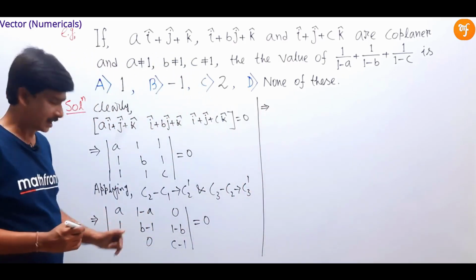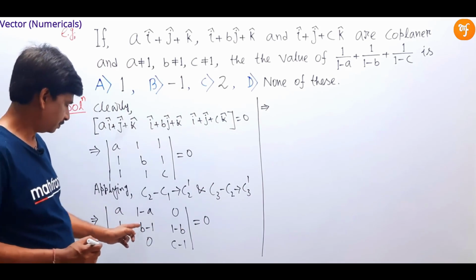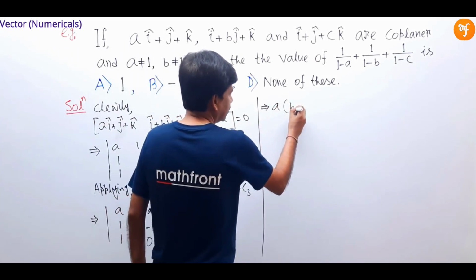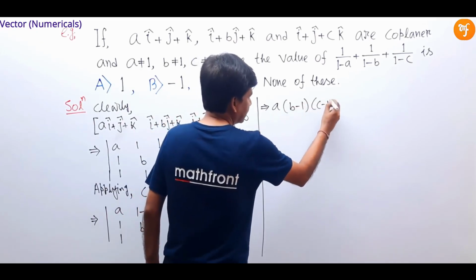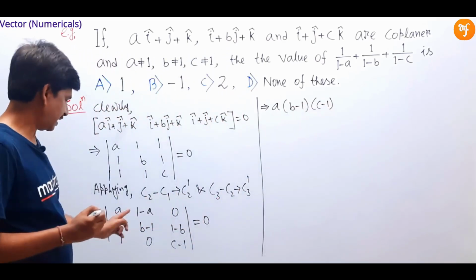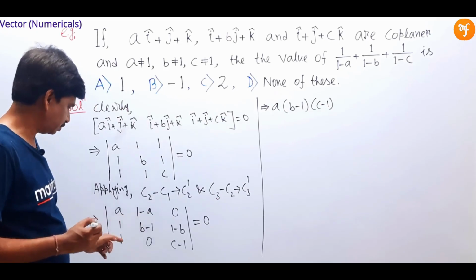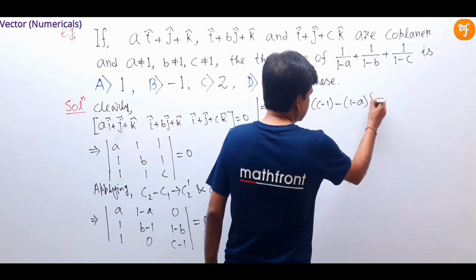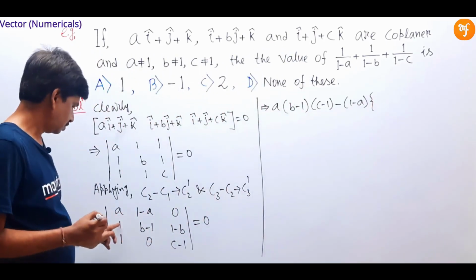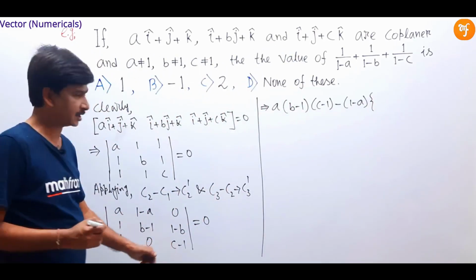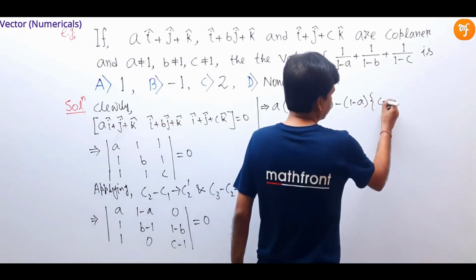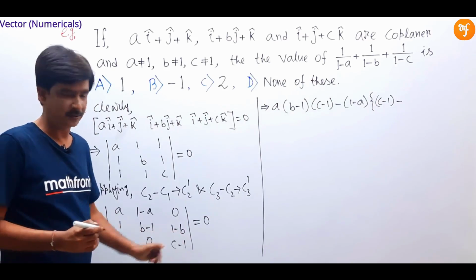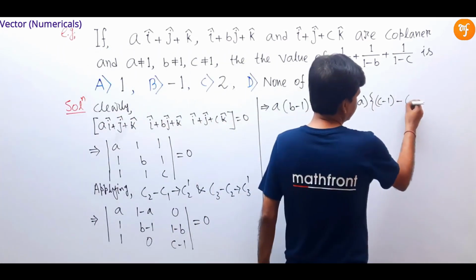So in the next step we can write a into b minus 1 into c minus 1, minus 1 minus a into one into c minus 1, that is c minus 1, minus 1 into 1 minus b, that is 1 minus b.